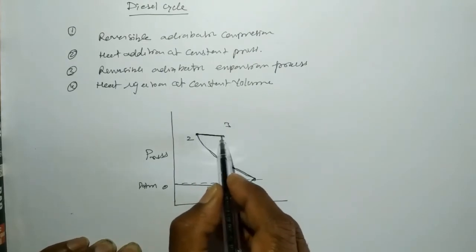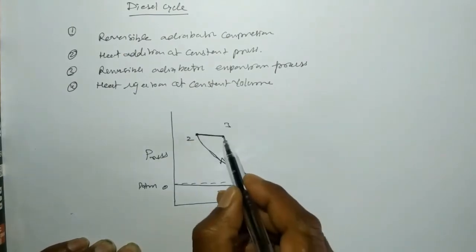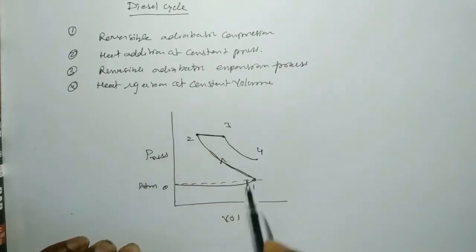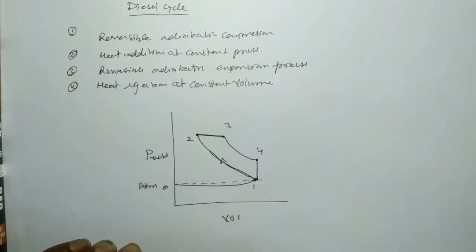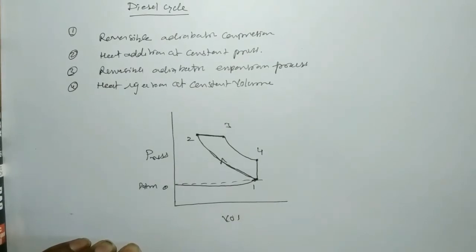And up to the point 3, the fuel is continuously supplied and heat is continuously liberated by the fuel. And 3 to 4 is the expansion process. At the point 4, the exhaust valve opens and the flue gases formed in this cycle are exhausted.